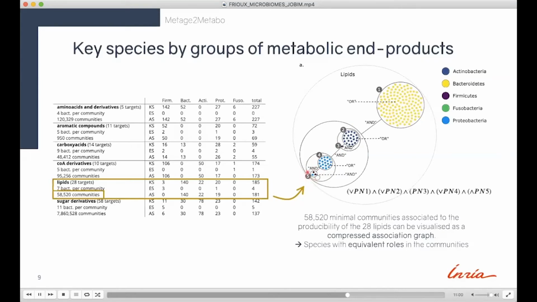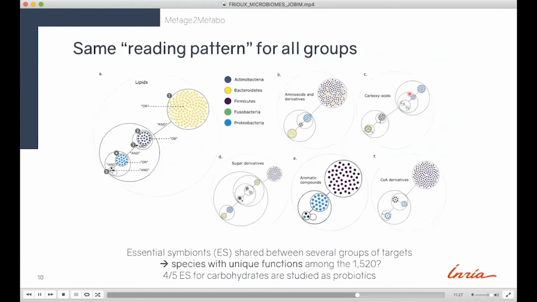In addition, when we looked at the taxonomy of the species, we observed that groups of equivalent bacteria in large nodes here usually share the phylum, suggesting that they carry functions that only specific members of the phylum also carry. So here, for example, lipids production needs a function carried by this group of Bacteroidetes. This is a recurring pattern that we observe for all groups.